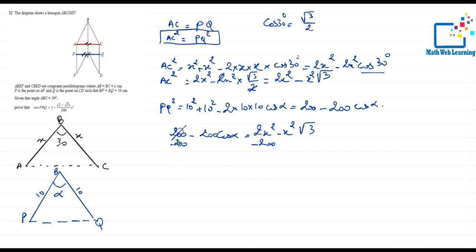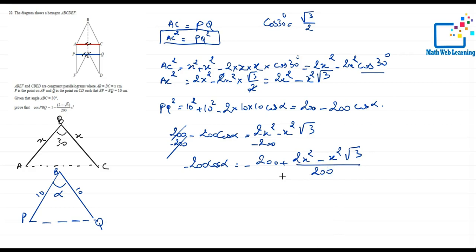So this 200 will cancel out, so I will have minus 200 cos alpha equal minus 200 plus 2x squared minus x squared root of 3, all that over 200.